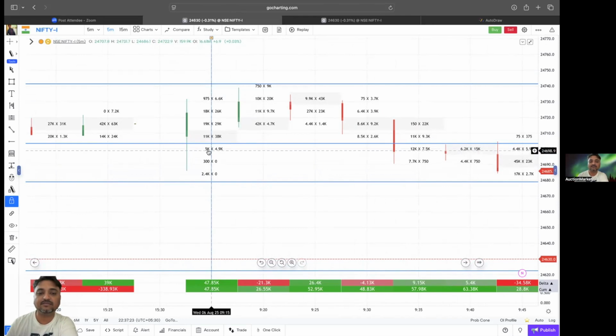As the price went up, you can see the difference in the delta. This is a positive delta. The difference between the buyers and sellers is calculated in the delta. I'll tell you about the cumulative delta after this. So we got 29k buyers and 19k sellers, 96k buyers, 18k sellers.